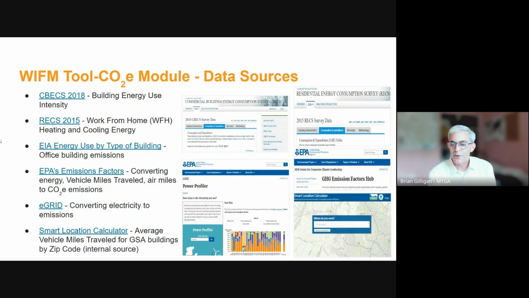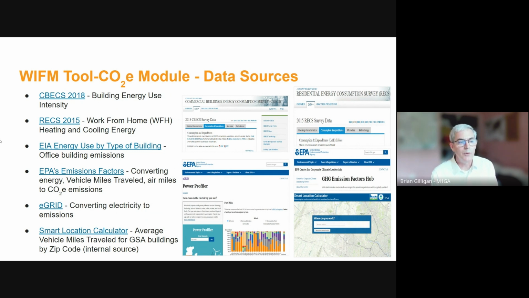To try to get our hands around the amount of carbon that's associated with those 4 streams, we looked to a number of data sources that we could pull information from, and we expect that those data sources would be updated over time, so that our data doesn't get stale over the years going forward. For building energy use, we looked at the Commercial Building Energy Conservation Study from 2018 that's going to be updated soon.